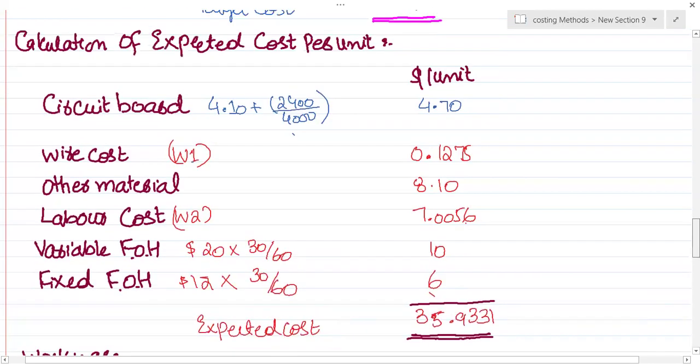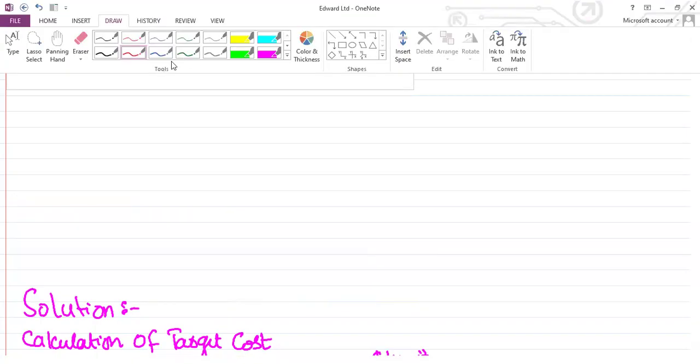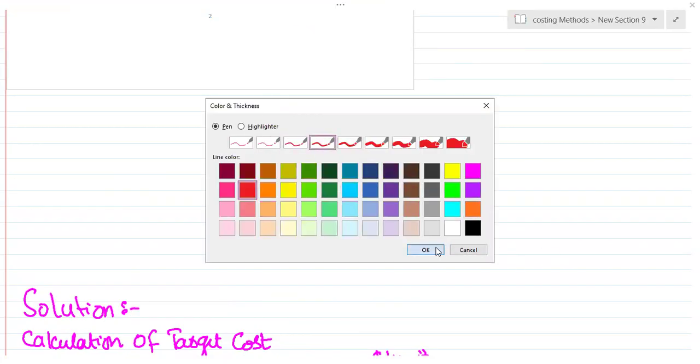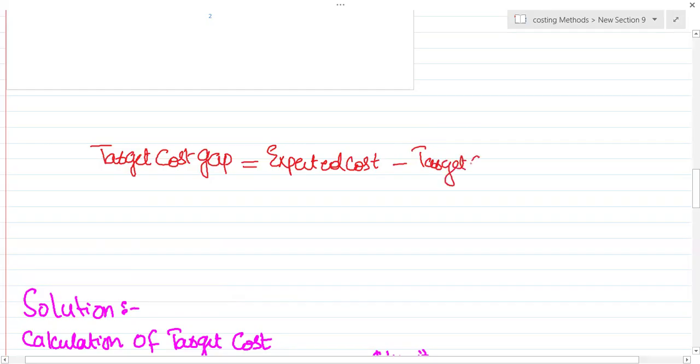Now, we can calculate the target cost gap. Target cost gap is equal to expected cost minus target cost. Now, what is your expected cost?